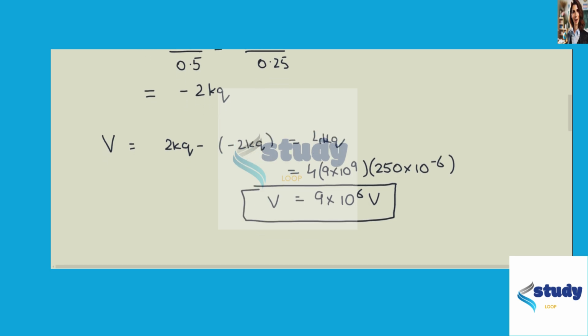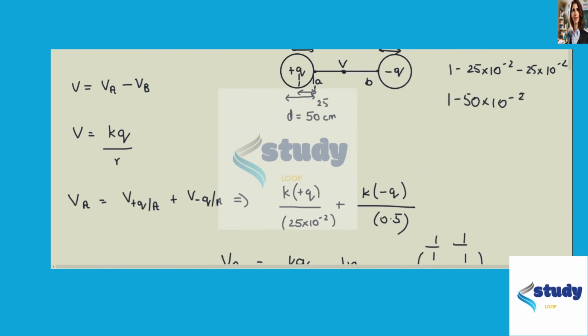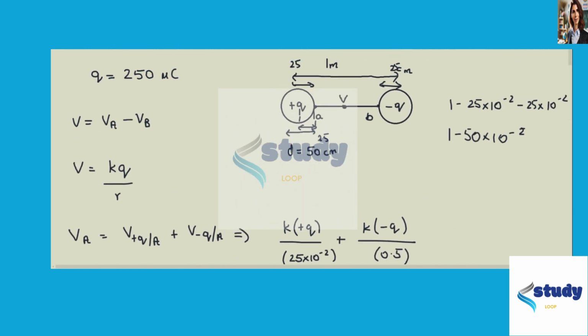Now for the second part, we need to find which point, A or B, is at a higher potential, and how can we know this without any calculations. So we know that a positive charge generates a positive potential, and a negative charge generates a negative potential.